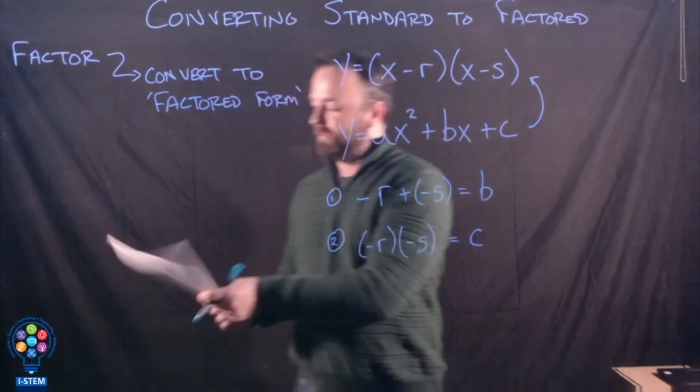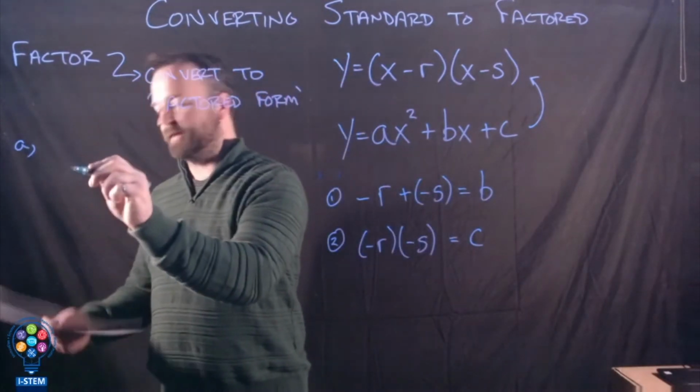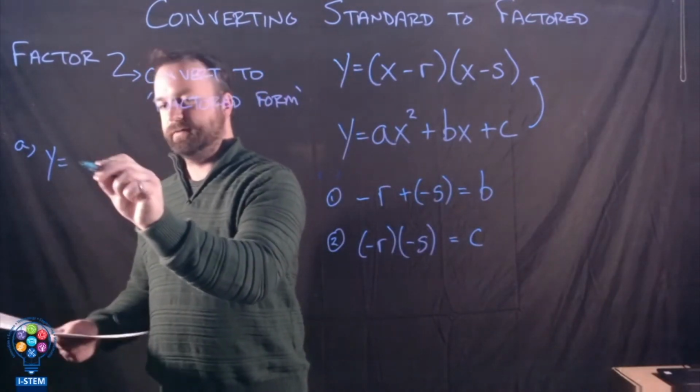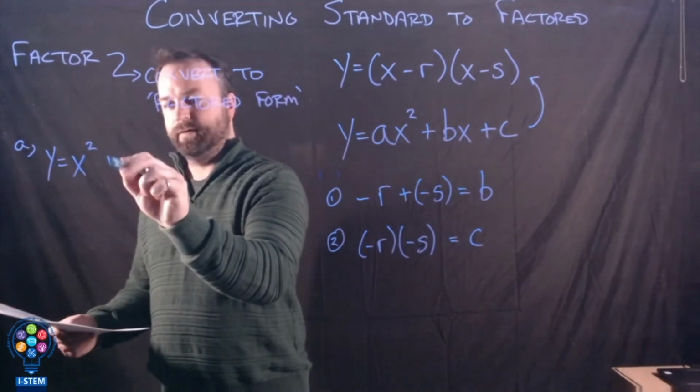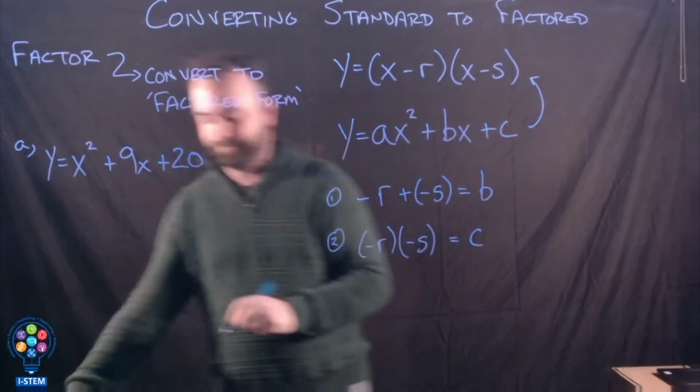So I think that first example, if you're looking at the pages I provided, y equals x squared plus 9x plus 20.